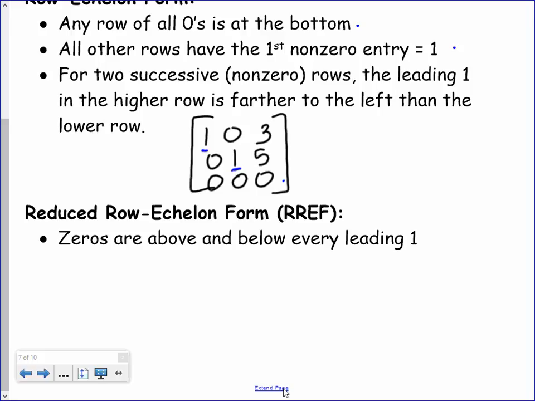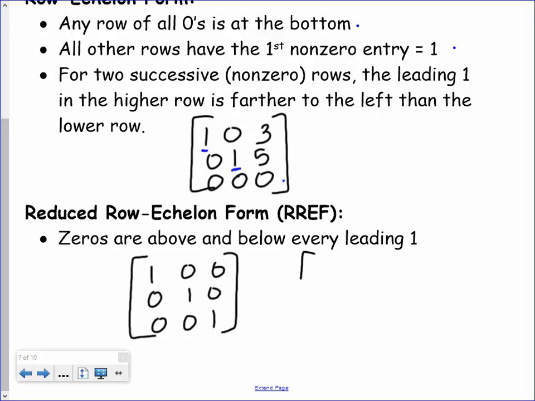I'll draw some examples of reduced row echelon form. They aren't very exciting. They have all the characteristics of row echelon form, the way the ones move further to the right as you go down the rows, other than the fact that no other numbers are allowed.